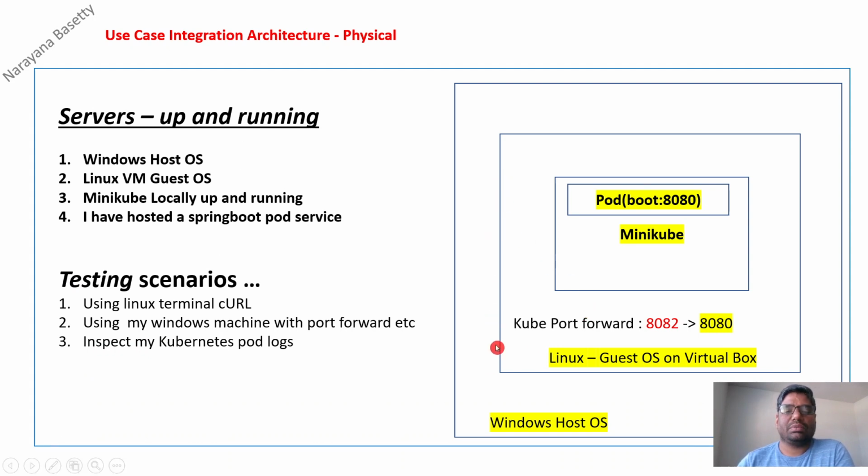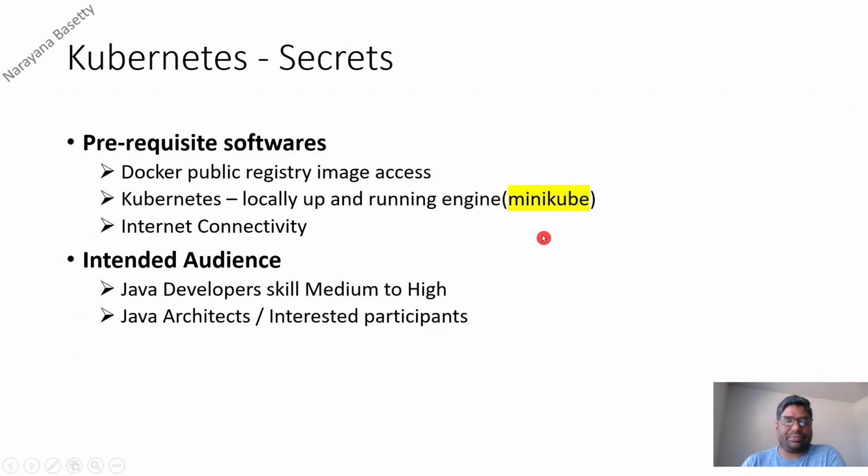So here I am going to host on my Windows machine, with a Linux machine running as a guest. Inside the guest, I'm running Minikube. I'm going to create a pod service using a Spring Boot image, and I'm going to show you how I'm going to link it with the Spring Boot application.